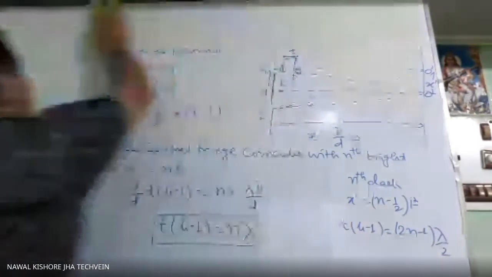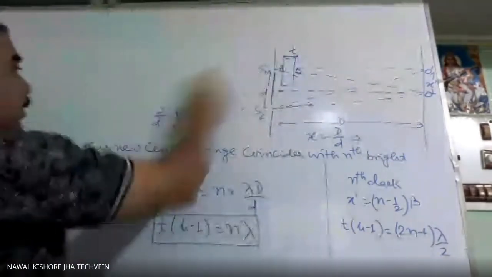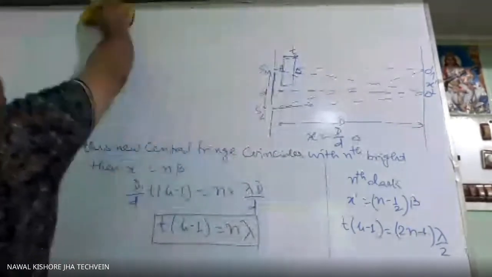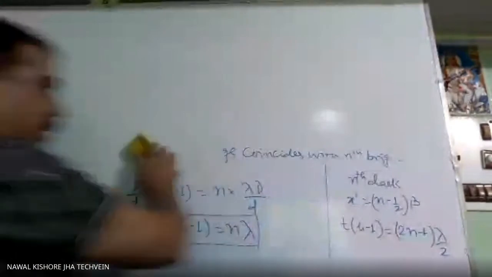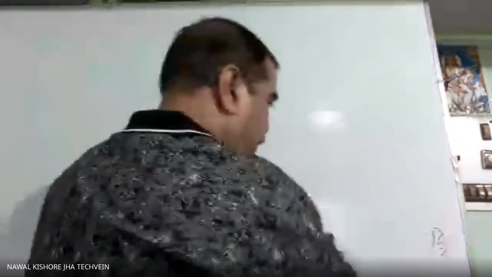Next thing which we have to discuss is that there is no loss in energy during interference of light. And then we will draw the graph. These two things are left.